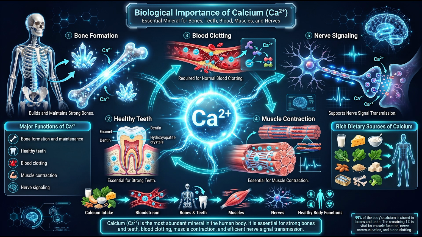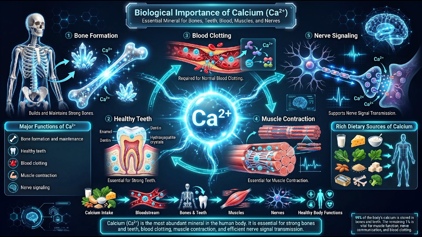Nearly 99% of the body's calcium is stored in bones and teeth, where it provides strength and structural support, while the remaining 1% circulates in the blood and body fluids, playing vital roles in blood clotting, muscle contraction, nerve impulse transmission, hormone secretion, and many other cellular processes. Even though this circulating calcium represents only a small fraction of the total body calcium, it is absolutely essential for life.